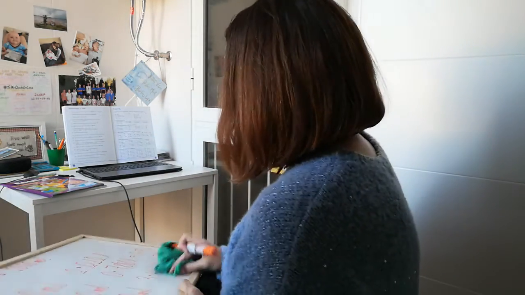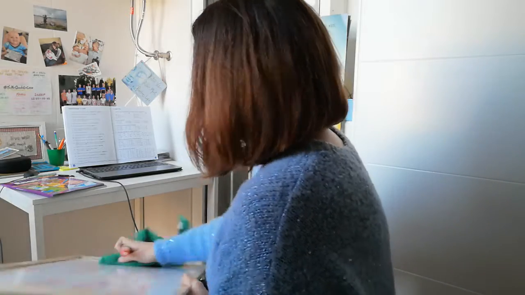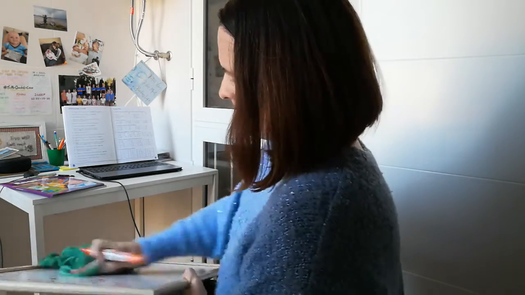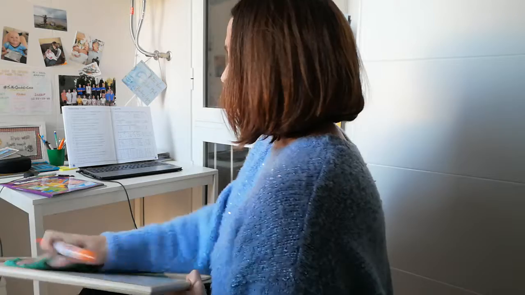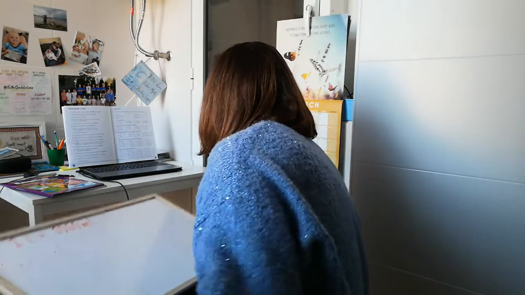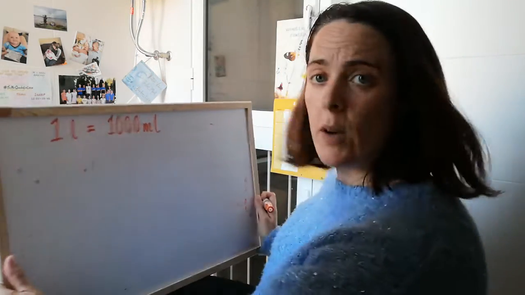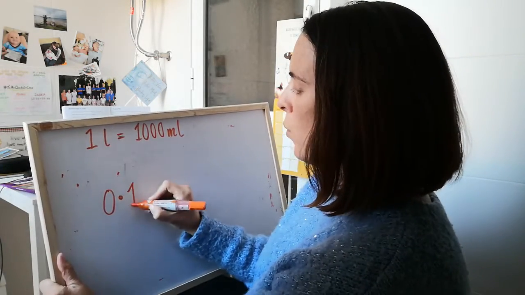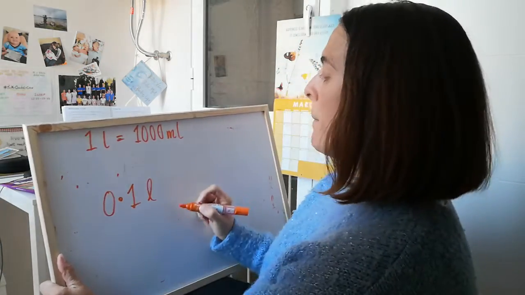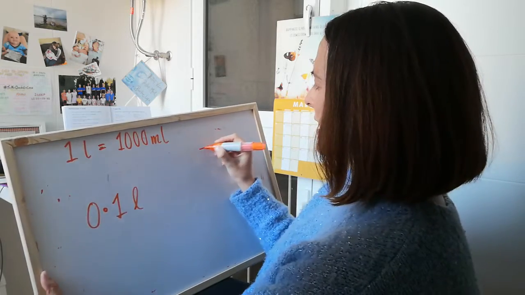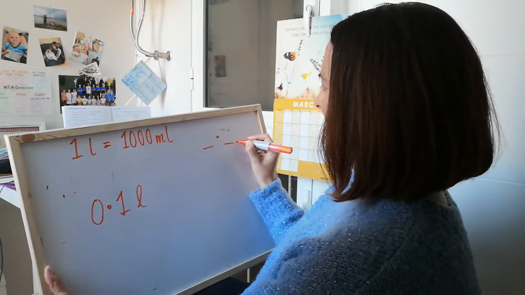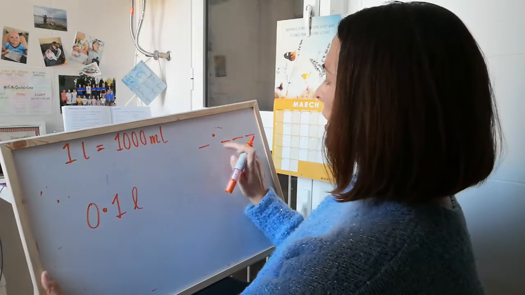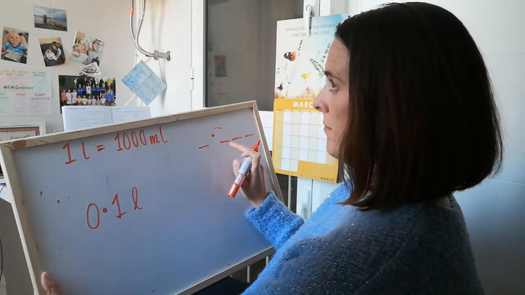And the very last part then. Write the following as millilitres. So now we're just going to do the reverse. If we have 0.1 litres, remember that after the decimal point in litres, there should be 3 decimal places, unless the last one is 0.